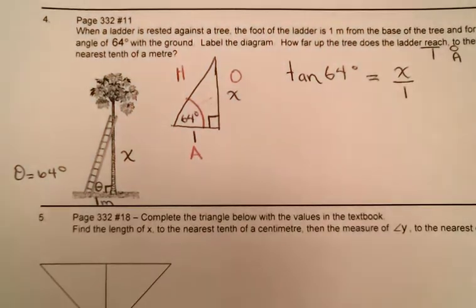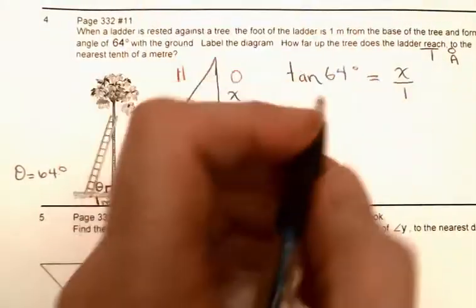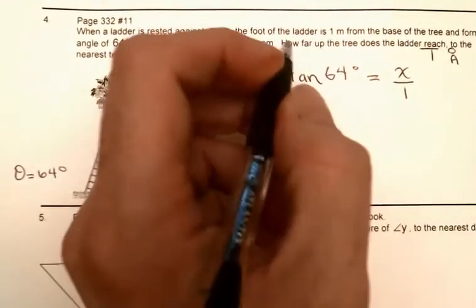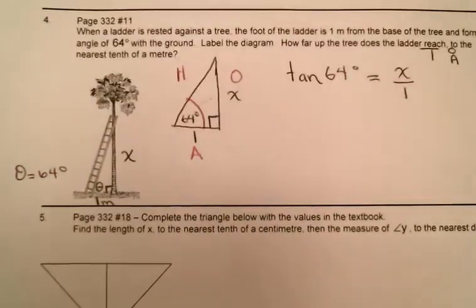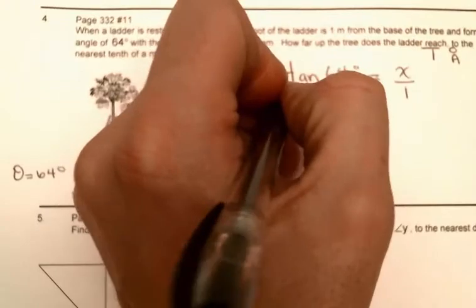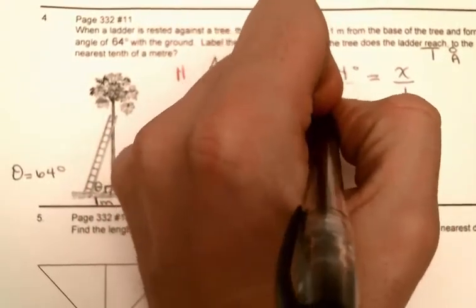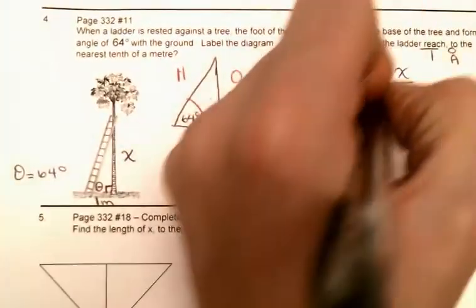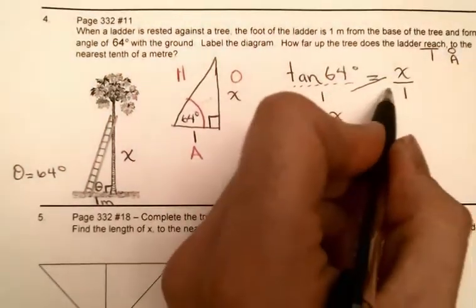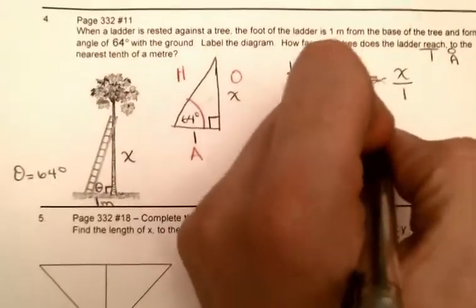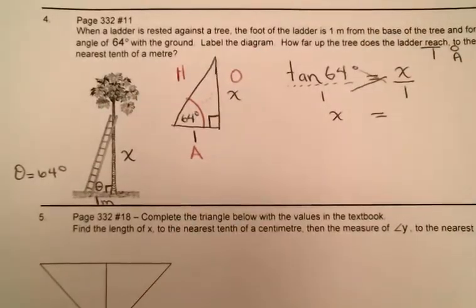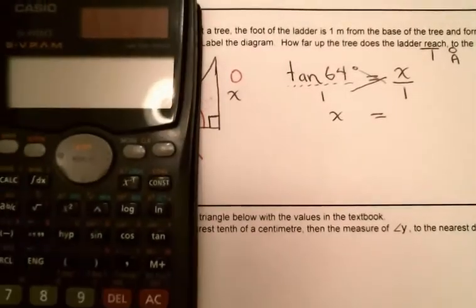And we cross multiply, but really there's a 1 here, so there's really nothing to cross multiply with. We can still show it. 1 times x is x, and 1 times the tan of 64, well, that's just really the tan of 64. So let's work that out.